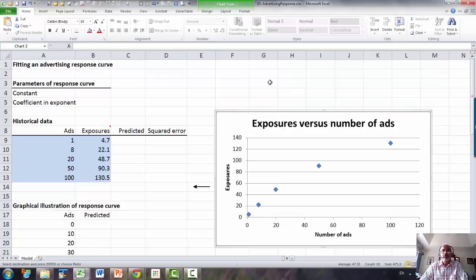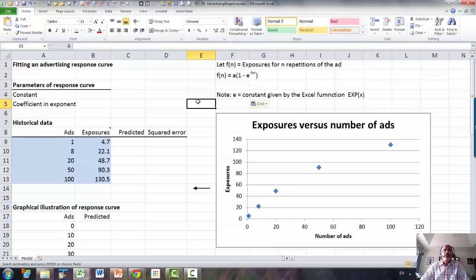Now we're going to assume that the exposure function will look like this. It is a function of the number of ads we run, where N is the number of ads.